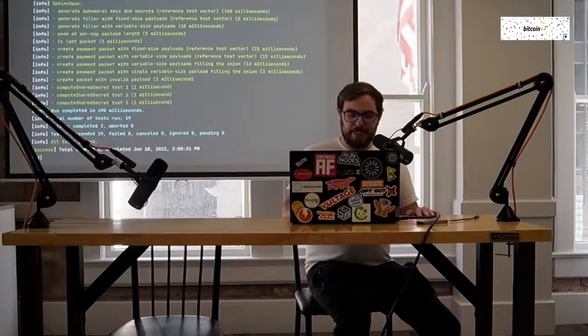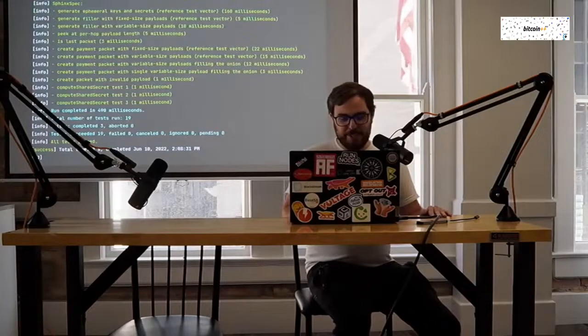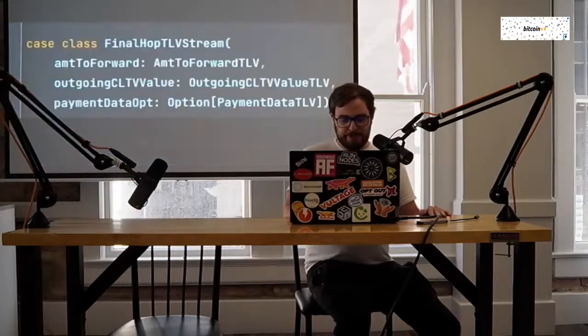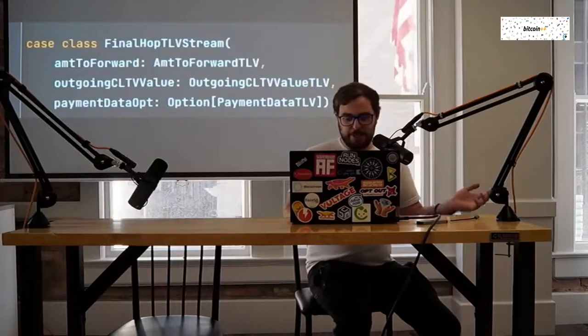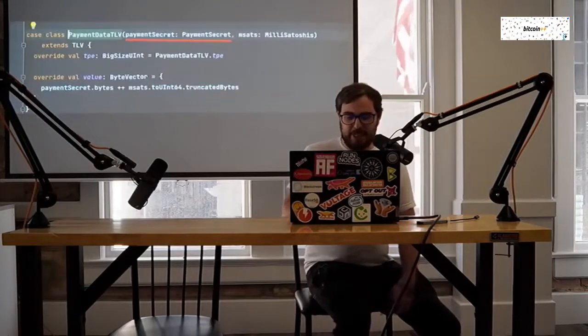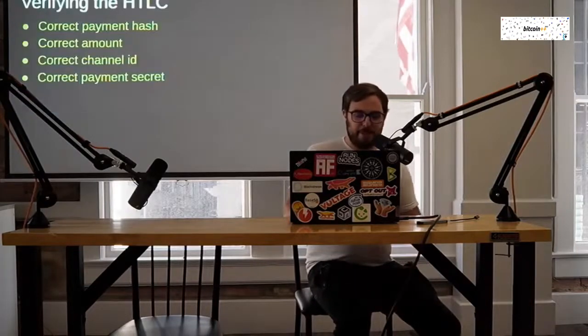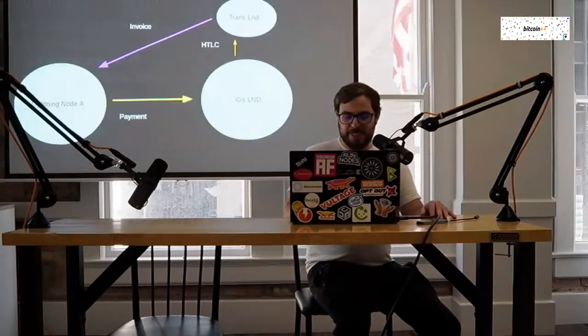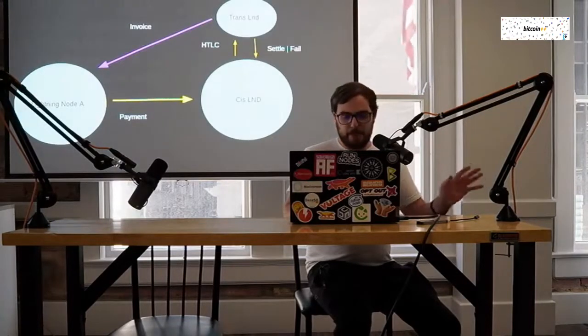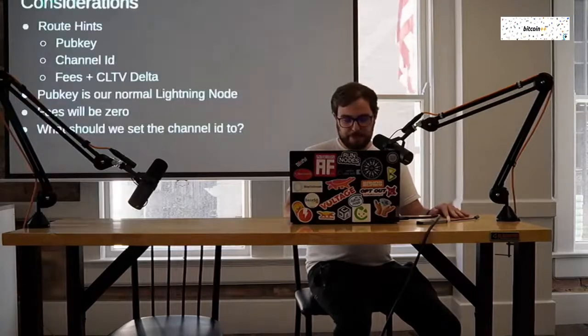But eventually I got the tests passing, and we could decrypt that onion payload, which gave us TLV streams. In one of these, we had a payment secret. So we could verify all of these conditions and actually settle or fail that HTLC. That was the brunt of the project.